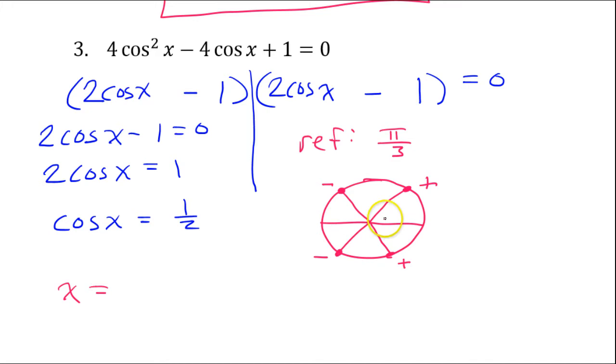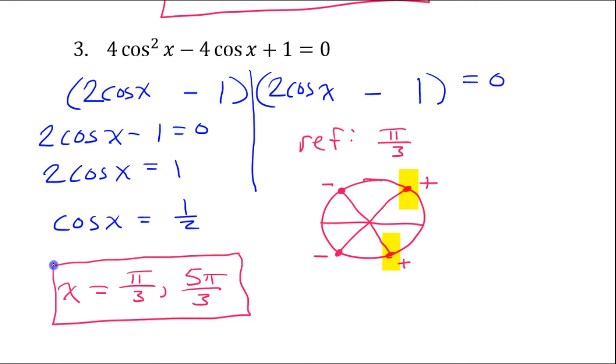Cosine is an x value, so it's negative on the left, positive on the right. In this case, we want positive 1/2, so we're going to pick these 2 angles for our solutions. So the first angle is simply pi over 3, but the second angle is 5 pi over 3. So these are the 2 solutions for problem number 3.